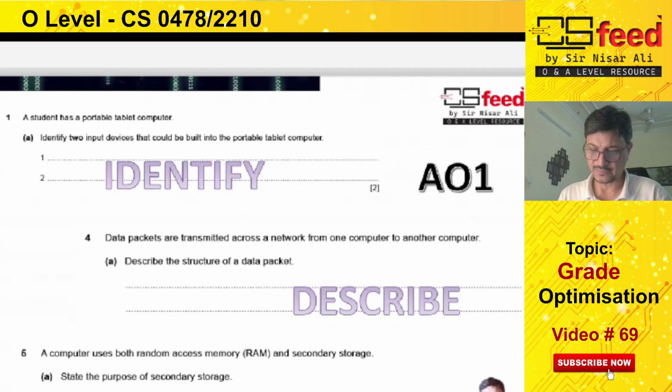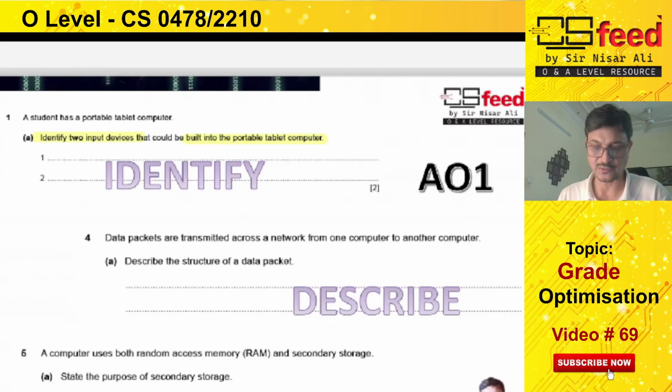So the questions related to assessment objective 1, I've also collected some questions here. A student has a portable tablet computer. Identify 2 input devices that could be built into the portable tablet computer. Here, when you are asked to identify something, you can just write a single word.